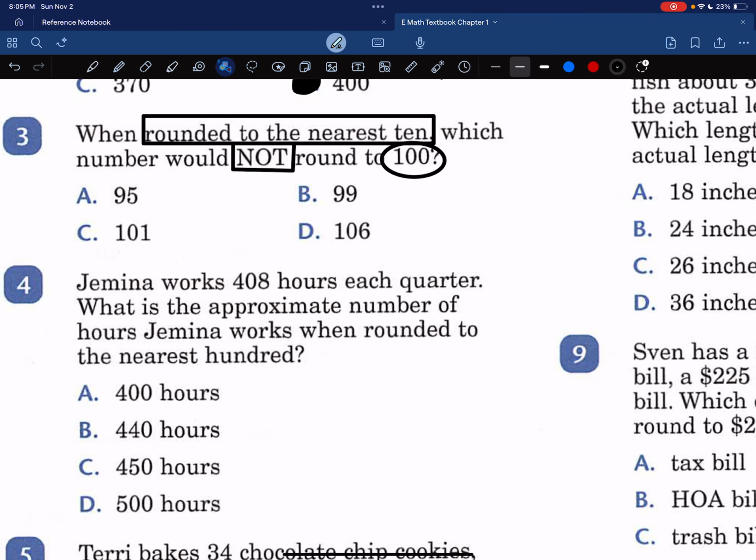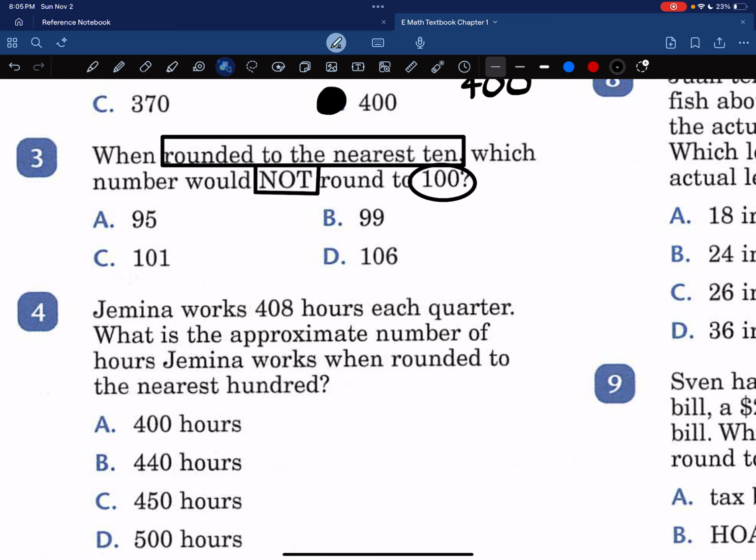So 95, I'm going to try to squeeze in here. Neighbor says round up. So 95 would go, the 9 would roll up to a 10, so that would be 100. 99, the neighbor says round up. So the 9 becomes a 10 and the neighbor rounds off.